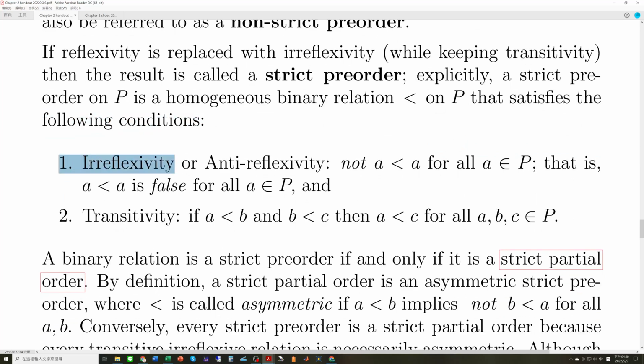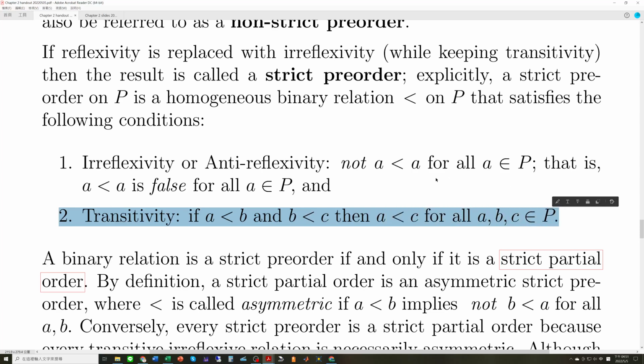First, irreflexivity or anti-reflexivity: not A is smaller than A for all A in P. That is, A is smaller than A is false for all A in P. And second, transitivity: if A is smaller than B and B is smaller than C, then A is smaller than C for all A, B, C in P.